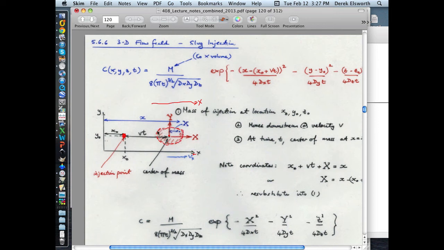And if you wanted to put a contour that included almost all of the mass of the plume, it would be this external contour. But if you plot it versus relative concentration, C over C0, then the distribution would be a bell curve, a Gaussian distribution.